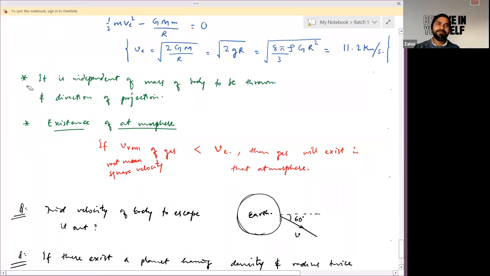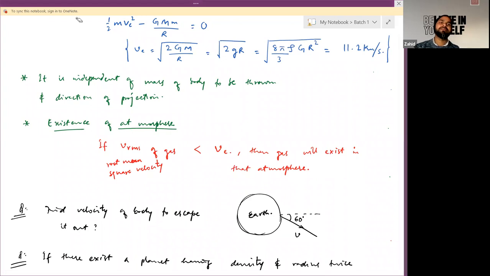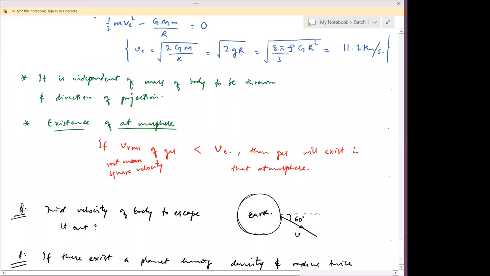Just read this statement once. What is written here? Escape velocity is independent of the mass of the body to be thrown and also of the direction of projection. It means escape velocity will remain the same for different angles of projection. Is it clear?